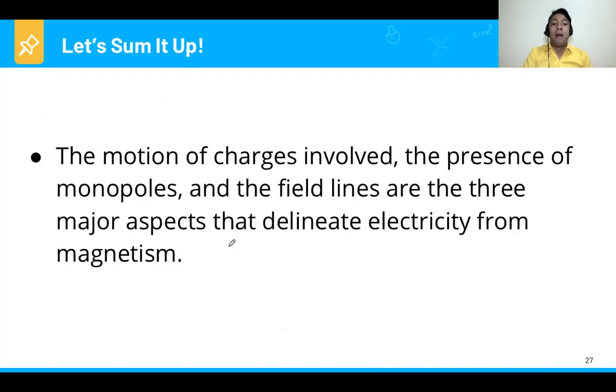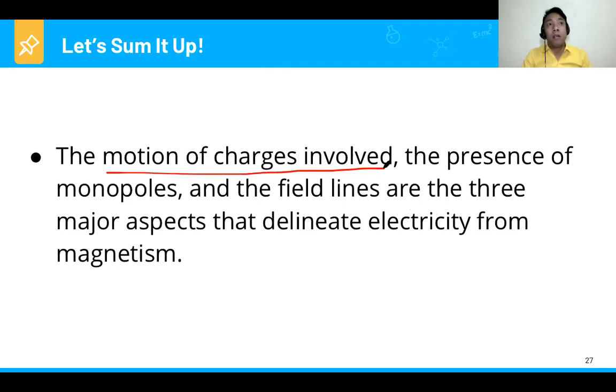That's it. The motion of charges, the presence of monopoles, and the field lines are the three major aspects that delineate electricity from magnetism. So, para mas magaling siyang tandaan, these three major aspects are the best thing to memorize or to understand so you can differentiate it from electricity.